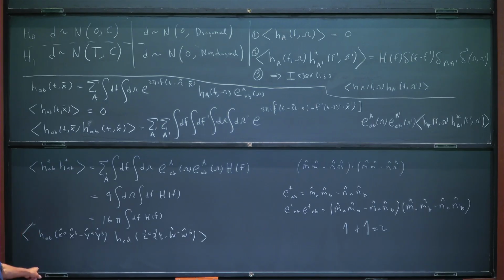And in fact, this is exactly what's done in calculating overlap reduction functions for ground-based detectors. Because you have one detector in one location with a particular set of arms, another detector in another place with another set of arms. And all of the machinery here for doing these calculations can be applied. So you do the calculations exactly the same way.